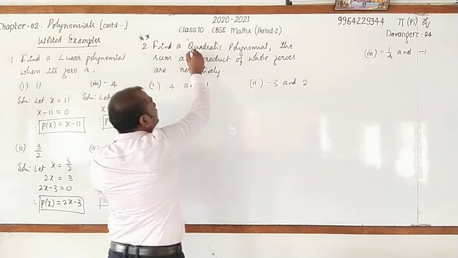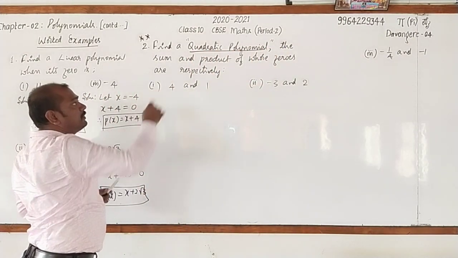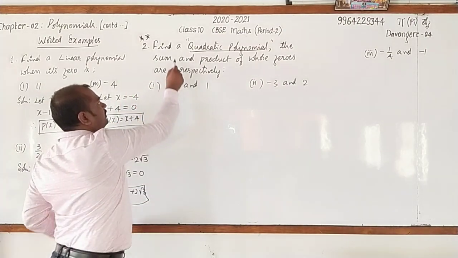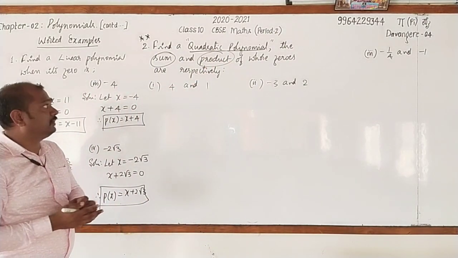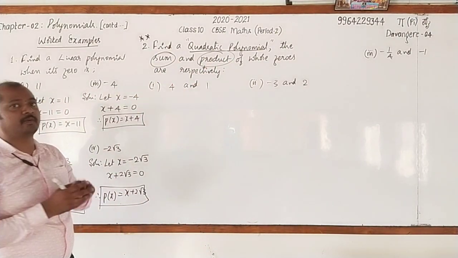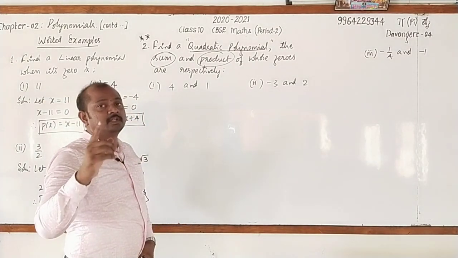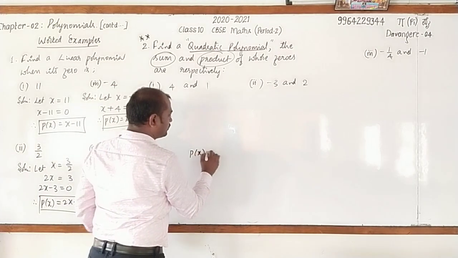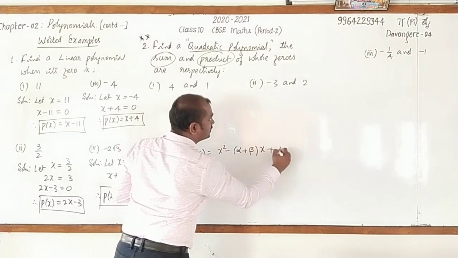Find a quadratic polynomial, the sum and product of whose zeros are respectively given. In the case of a quadratic polynomial, we know the general form when zeros are given. What is that? P of x is equal to x square minus of alpha plus beta into x plus alpha beta.